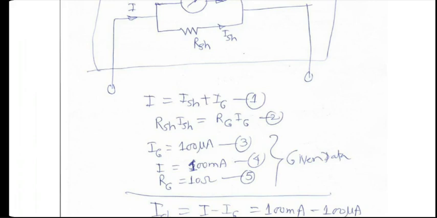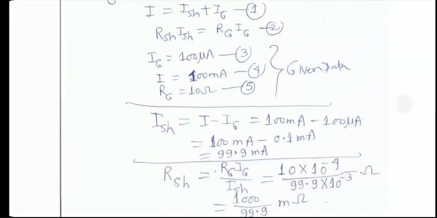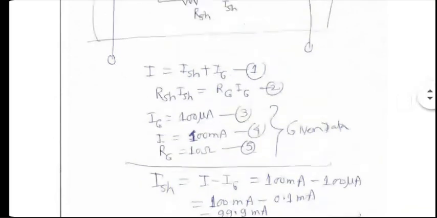So many ways of doing it. I think you can take the value of ISH from equation 1, ISH from equation 2, and equate the two. You'll get a formula for it. I did not go for a formula. Actually, I did the calculations directly.